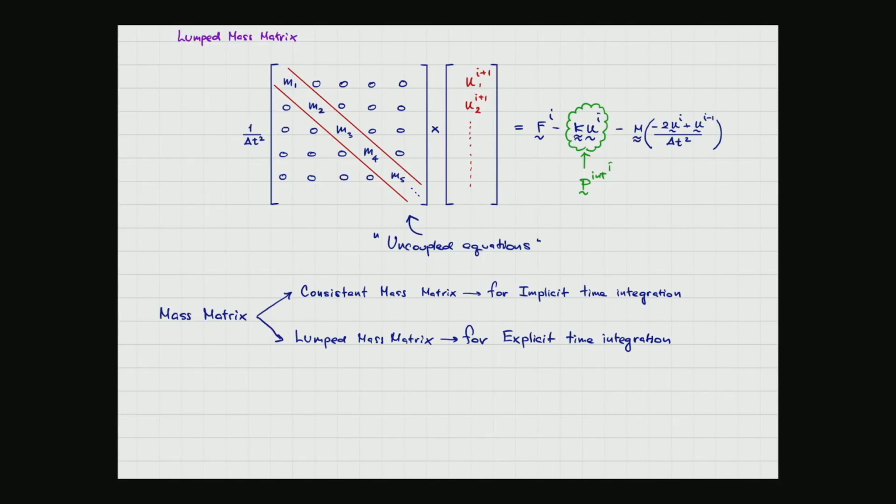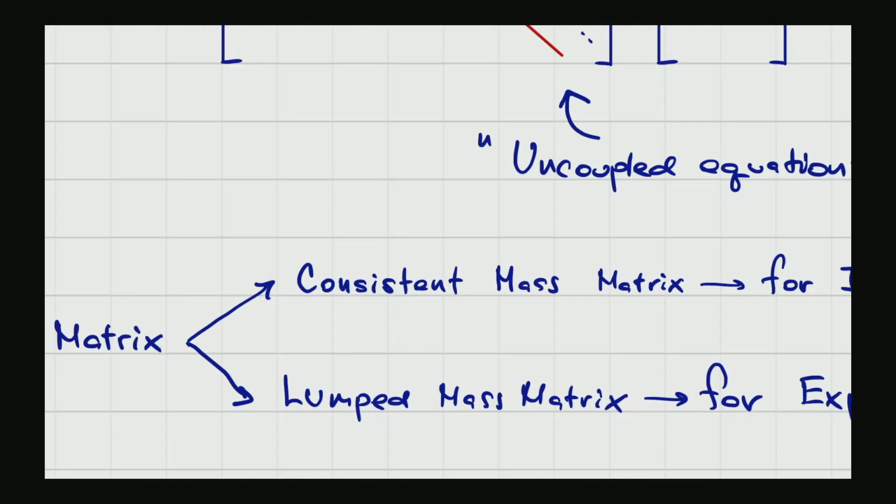There's a reason why it is called the consistent mass matrix. Yeah, people name it for a reason, just like when they name the lump, that is really lump.